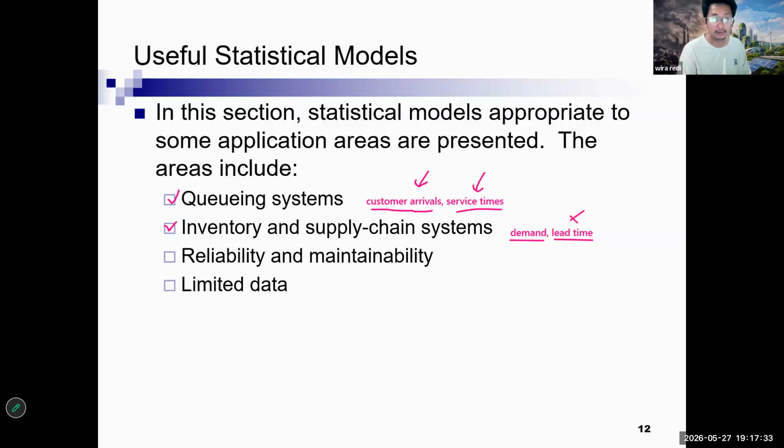Okay. Another would be reliability and maintainability. This is also an area which is often modeled using simulation. For example, it is often in a company where they need to test a product, for example, a stress test. Let's say a light bulb.